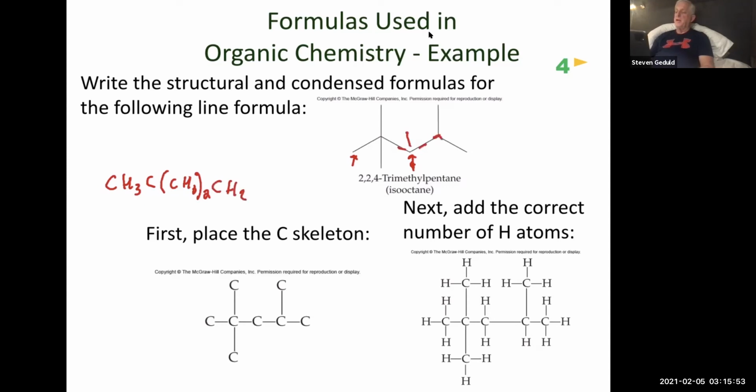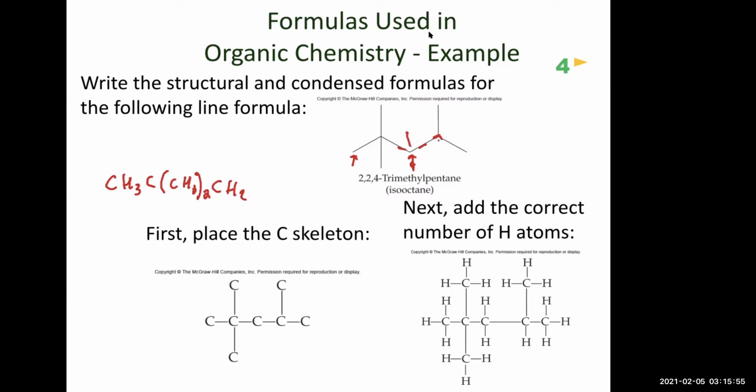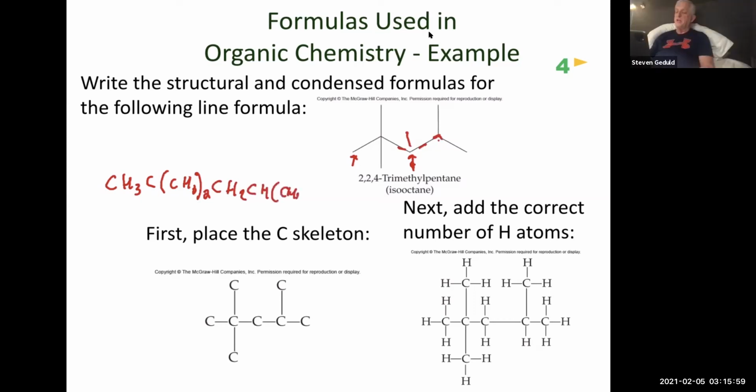And then this carbon has 1 hydrogen, 1 CH3 group attached, and then coming down here is another CH3 group at the end. So that gives you 1, 2, 3, 4, 5, 6, 7, 8 carbons, which we have 8 carbons.